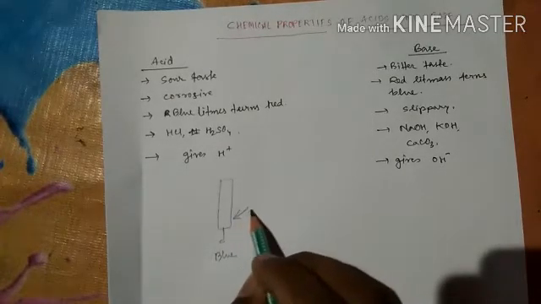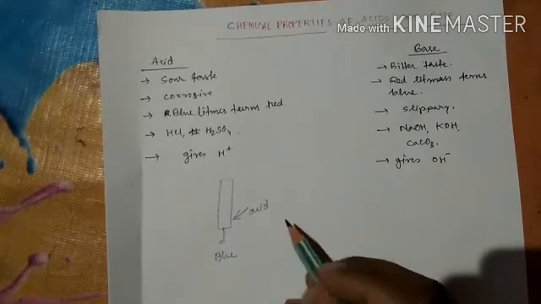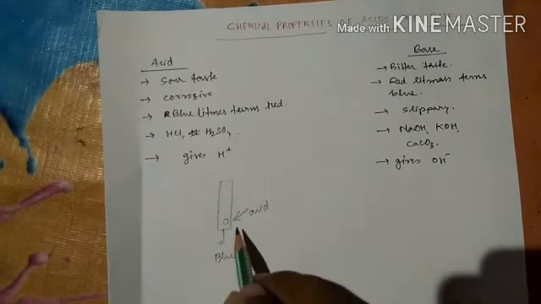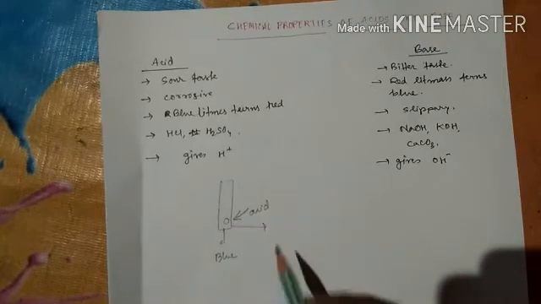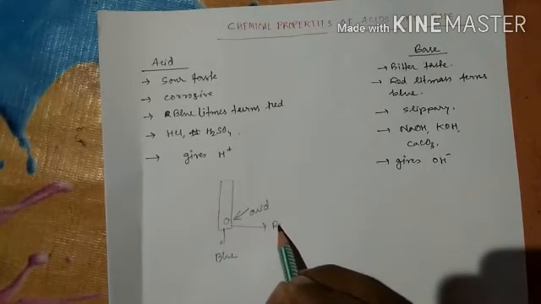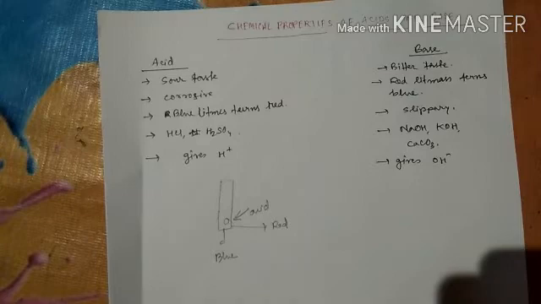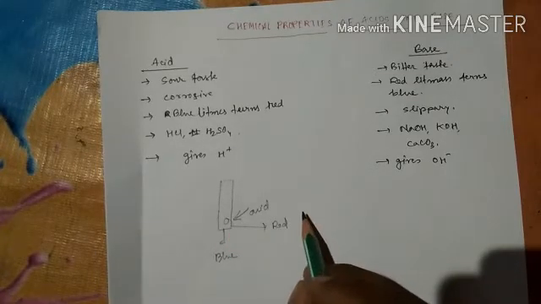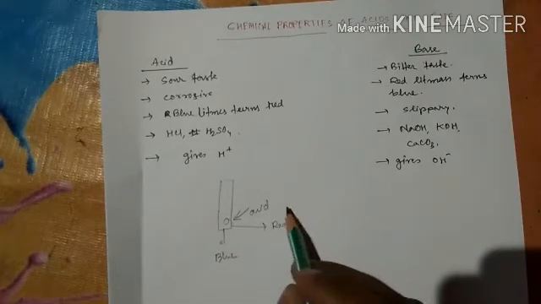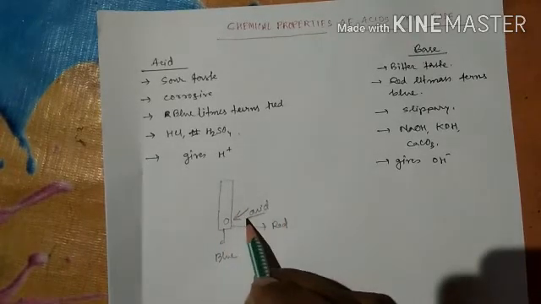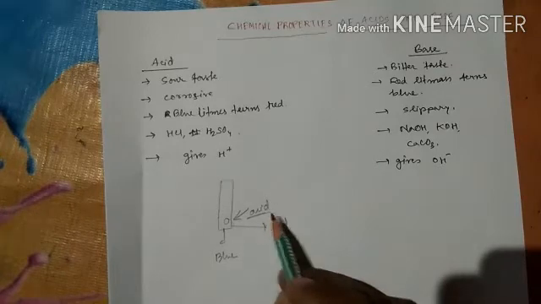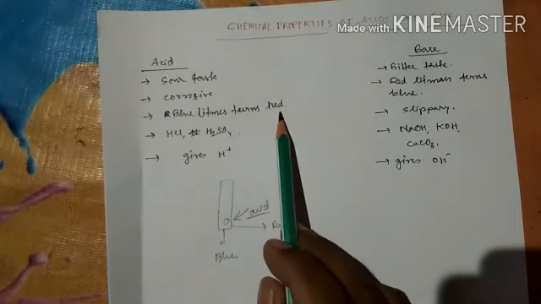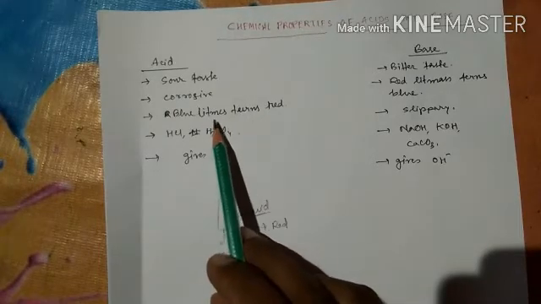When we add one drop of acid here, this portion will get red colored. That means blue litmus turns red. From this concept we can say the chemical is acid. That means acids turn blue litmus to red.